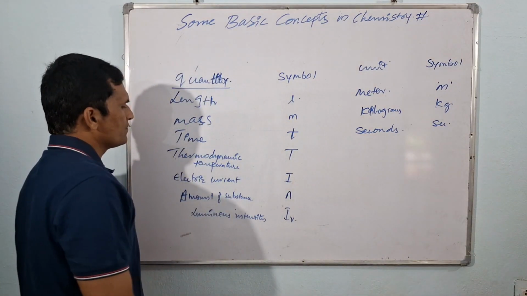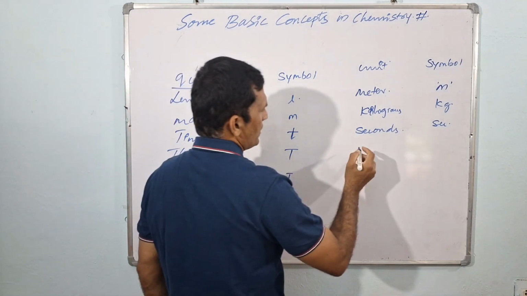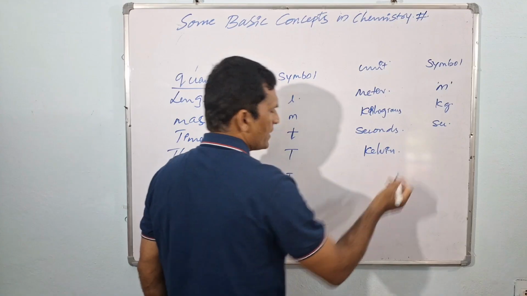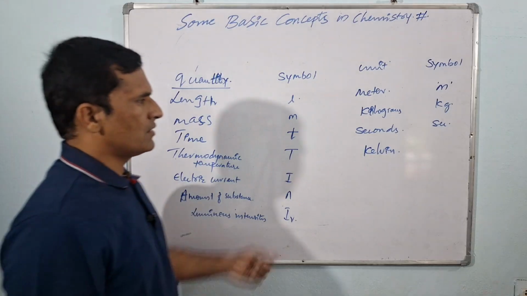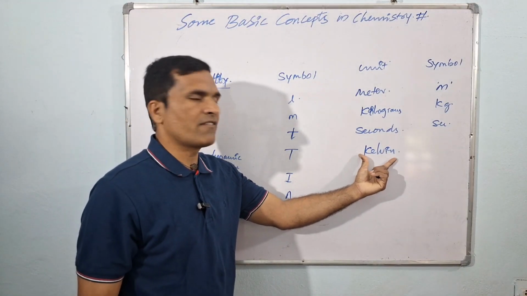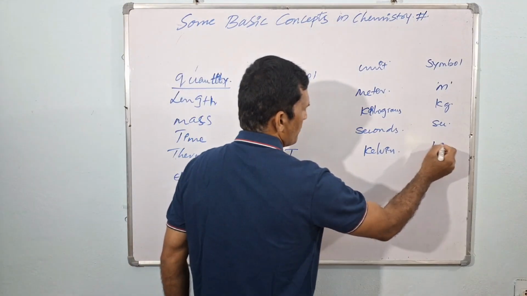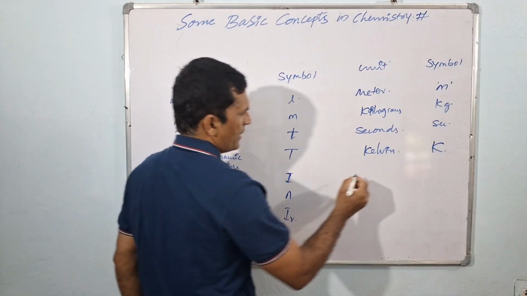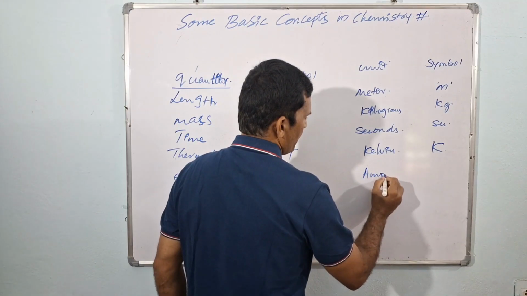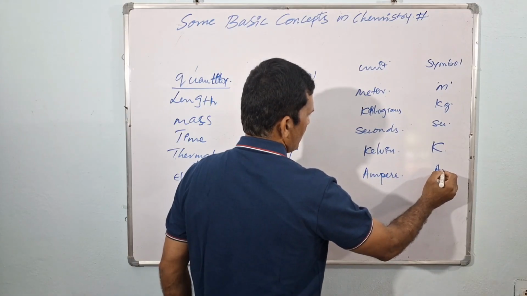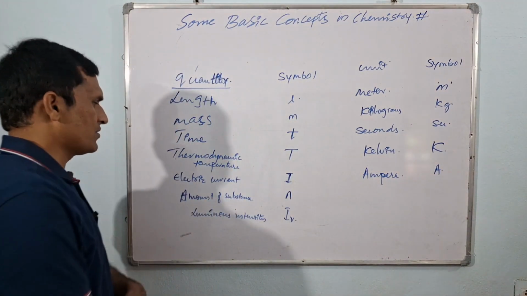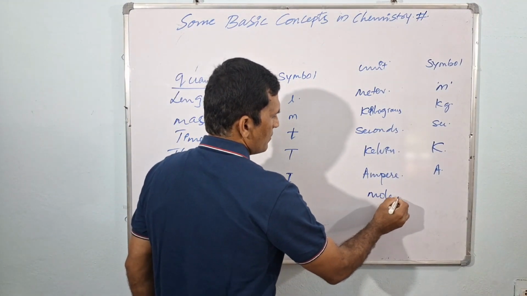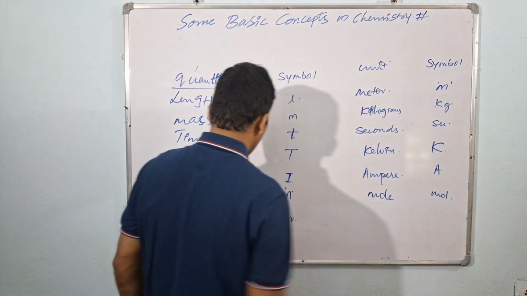Then thermodynamic temperature, capital T we symbolize, and it is measured in terms of the Kelvin scale. Degree Celsius also we use, but the SI system specifies it as Kelvin and we represent it by capital K. Then electric current is represented as I, and we measure the unit in terms of ampere, A. Amount of the substance is symbolized as small n, and it is measured in terms of moles, represented as mol.